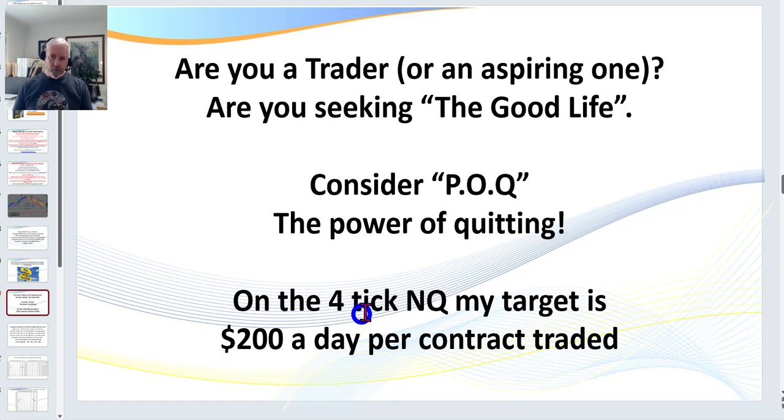Now, on the 4 tick, if I'm trading, say, the 4 tick RTY, I'm after $200 a day per contract. If I'm after trading the 2 tick ES, I'm after $200 a day per contract. And what I base that on is the amount of capital I need to allocate.